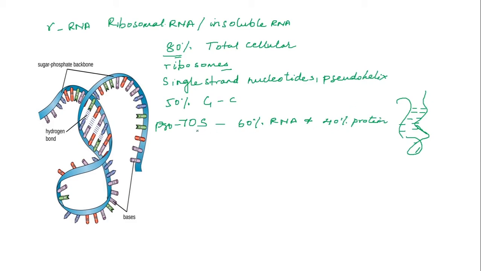And this 70S ribosome is further divided into two subunits: a smaller subunit which is the 30S subunit and a larger subunit which is the 50S subunit.